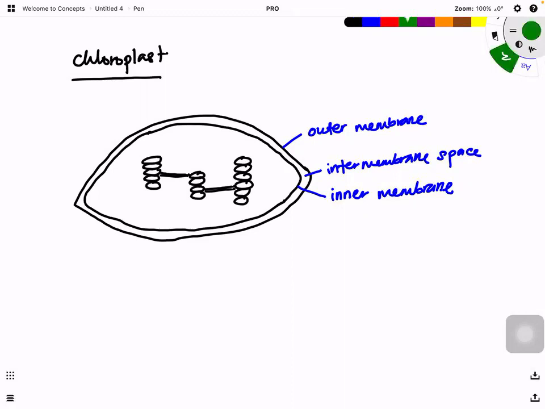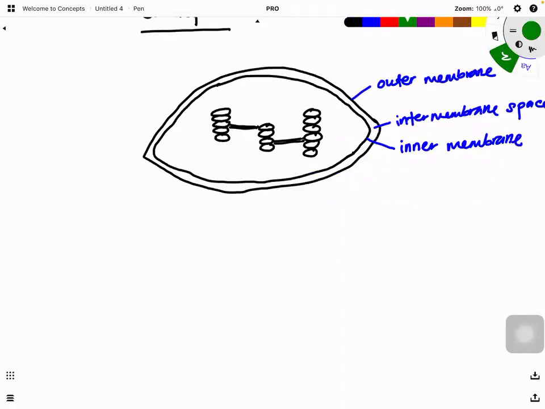Let us label it. One sac like this is called a thylakoid. The space inside these thylakoids is known as the thylakoid space.